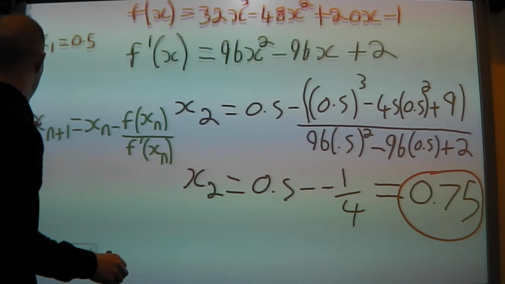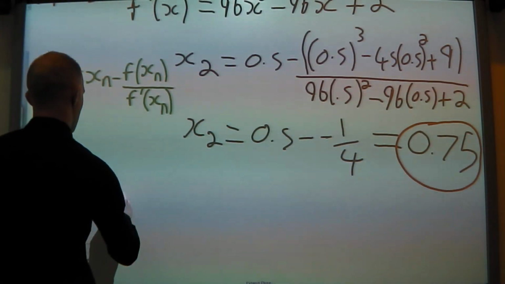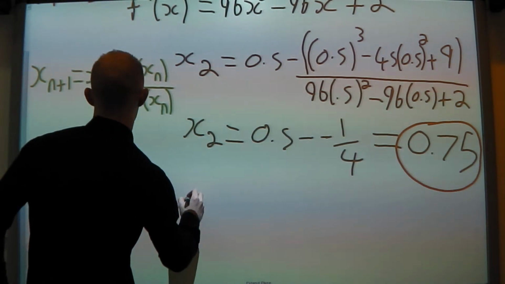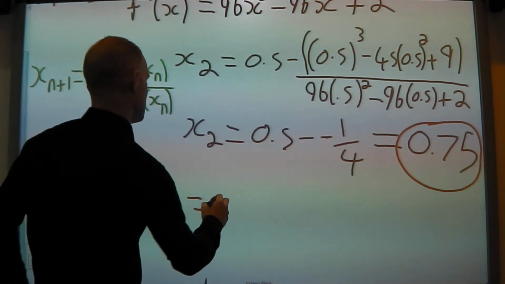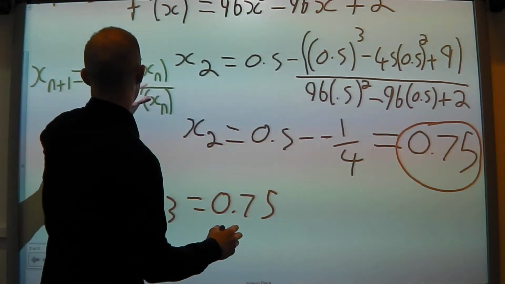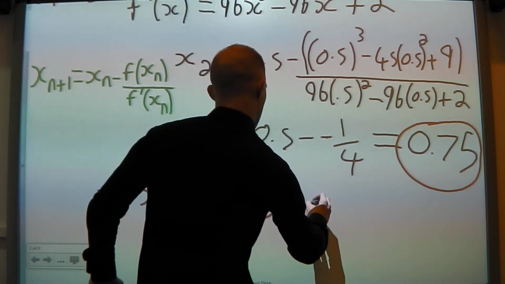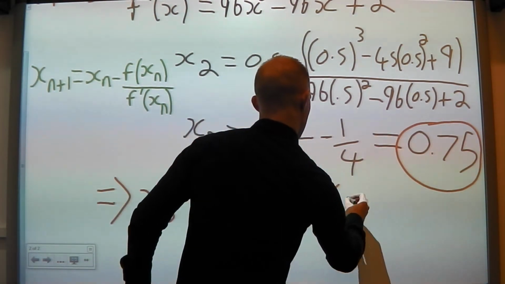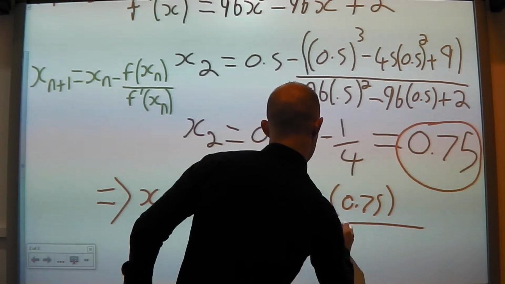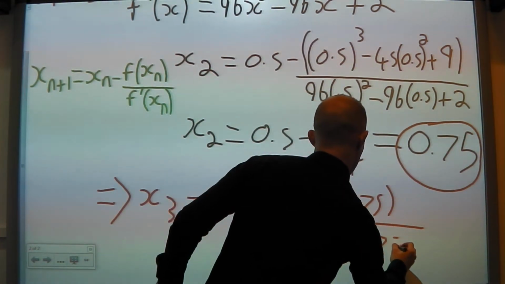Now we know our x3 is equal to our approximation before that, which is 0.75, minus f of 0.75, all over f dash of 0.75.